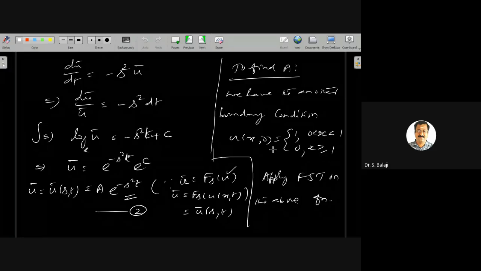Now apply the same transform on this boundary condition also. Since we initially applied the Fourier sine transform, here also apply the Fourier sine transform on the above function.